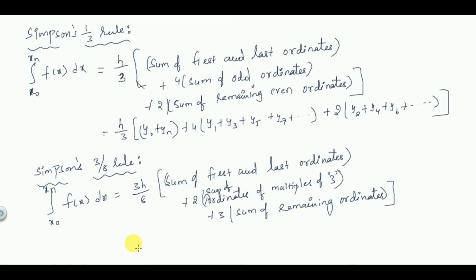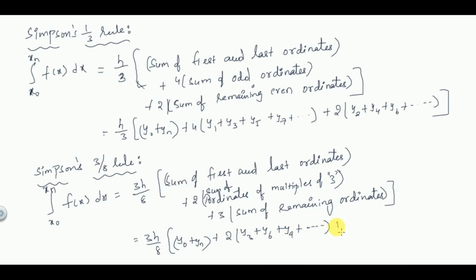Okay, so generally writing 3h by 8 into y0 plus yn, sum of first and last ordinates, plus 2 into multiples of 3, that is y3, y6, y9 plus so on.